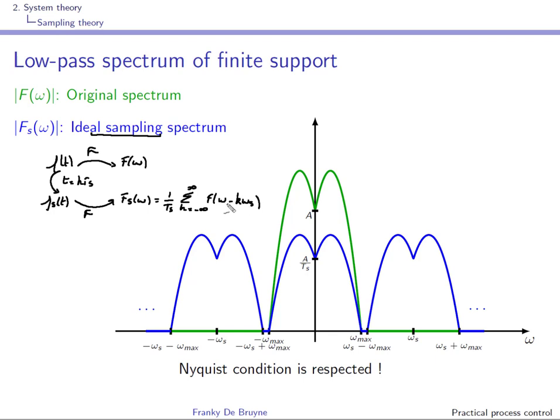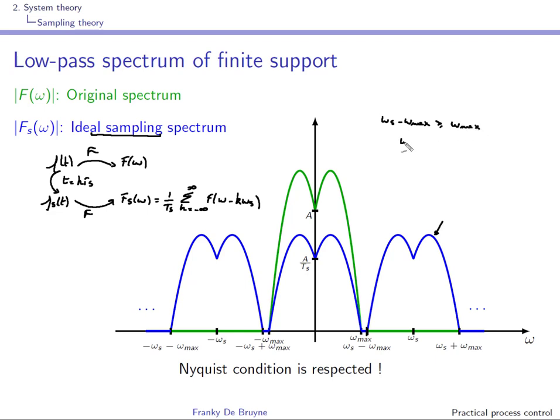They are shifted by omega s, or multiples of omega s. If we now look at the amplitude spectrum of the sampled signal, this is what you obtain. What has to be prevented is that these motifs here in blue overlap, because this is going to cause aliasing. So this point over here, omega s minus omega max, has to be larger than omega max.